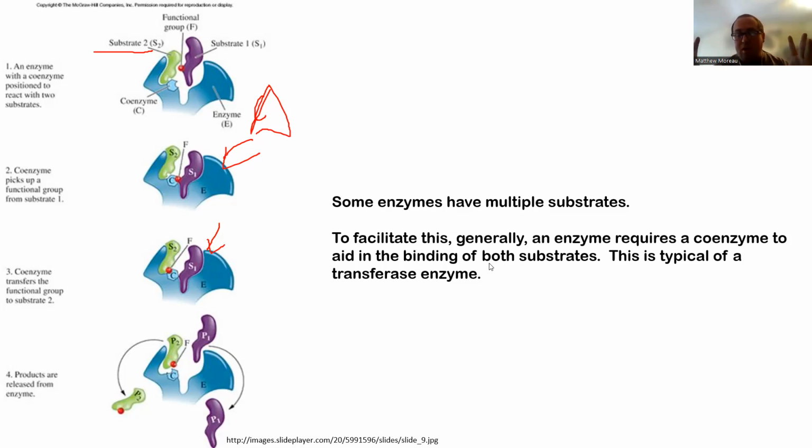Both substrates are converted at the same time, typically because one is required in order to allow the second one to bind, and then the use of ATP is more efficient because now we have one ATP molecule to drive the creation of products from two different substrates. Now, if you're thinking, why then do most enzymes only have a single substrate affinity, and only very few have multiple?